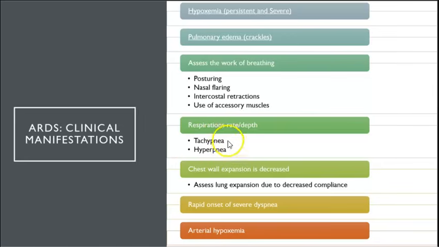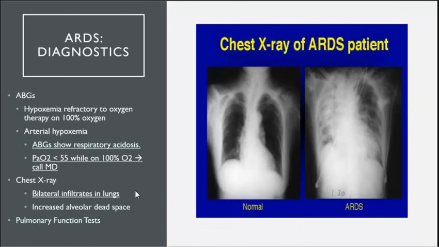They'll have rapid breathing, rapid hyperpnea, or rapid deep breathing. Chest wall expansion is decreased. Rapid onset of severe shortness of breath, and arterial hypoxemia. So if we put an art line in, their arterial oxygen level is going to be less than 60.